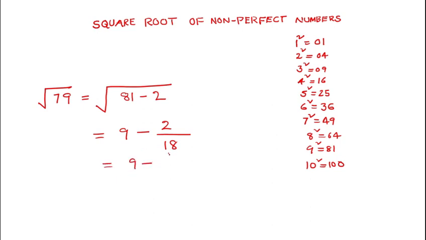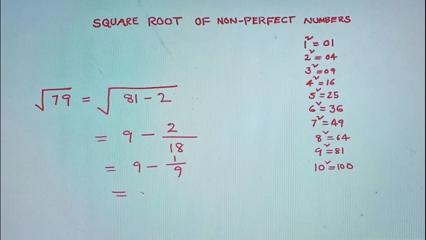So it is 9 minus 1 by 9. 1 by 9 is 0.11, so finally we will get the answer 8.89.